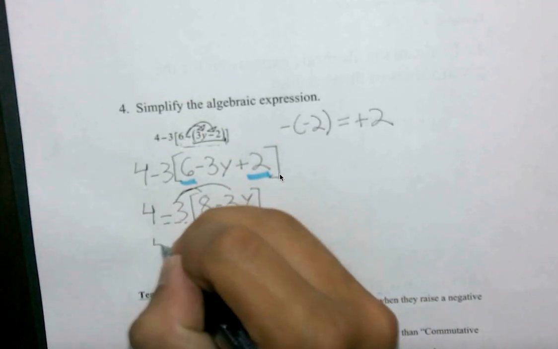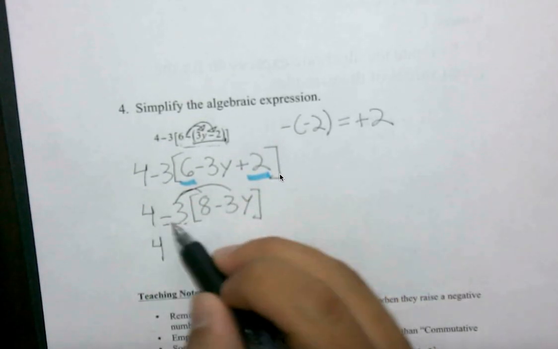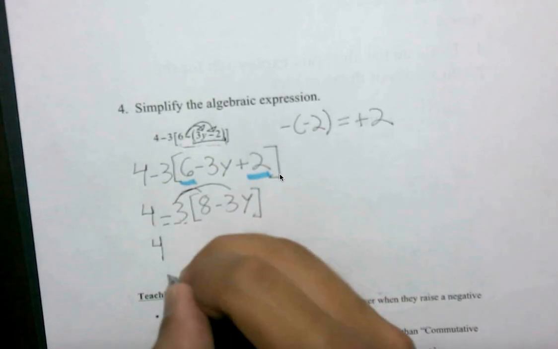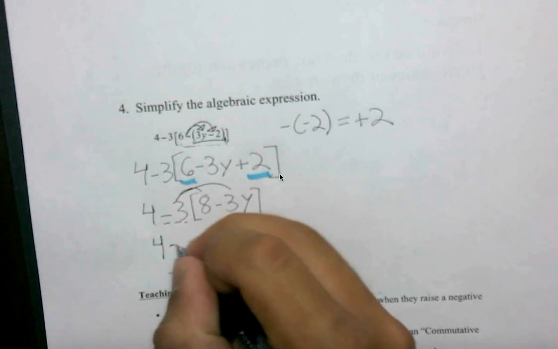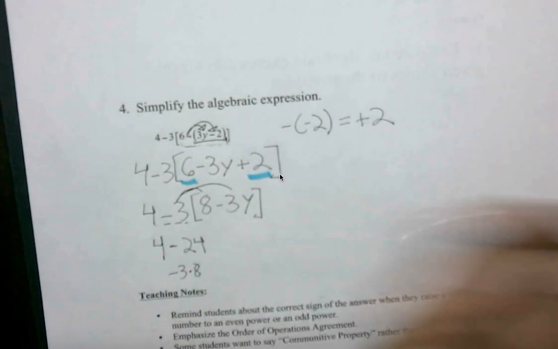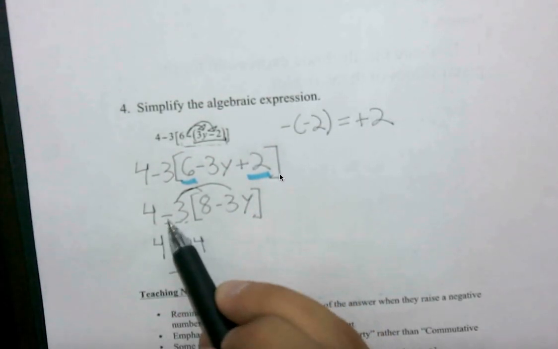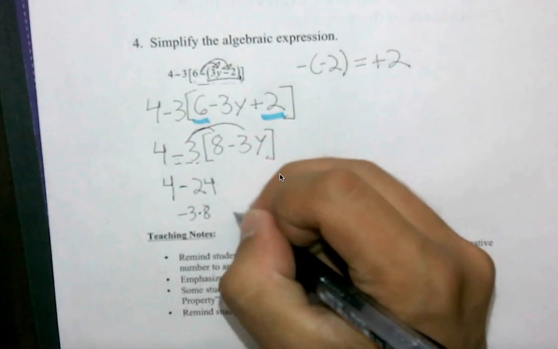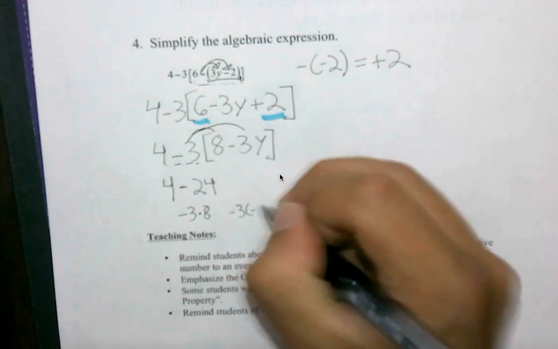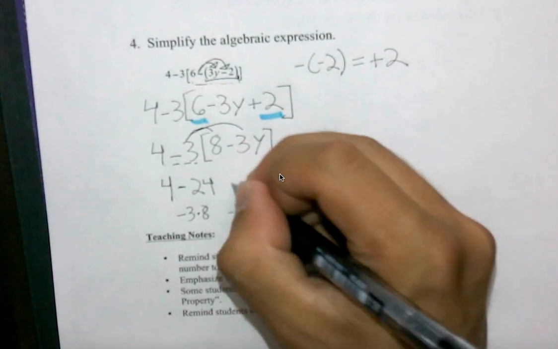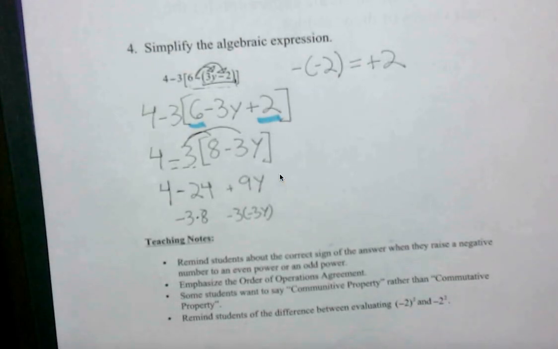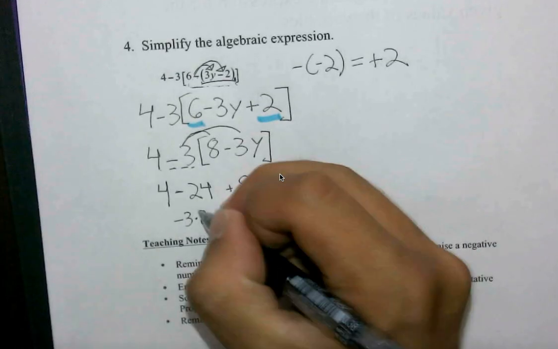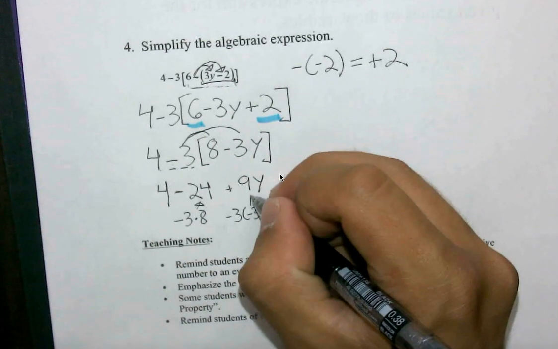We can think of this still as 4 in the front, but negative 3 times 8 should get us to deduct 24, with negative 3 distributing to negative 3y. Think of that as positive 9y. So down here, I'm just showing the work on how I got to this.